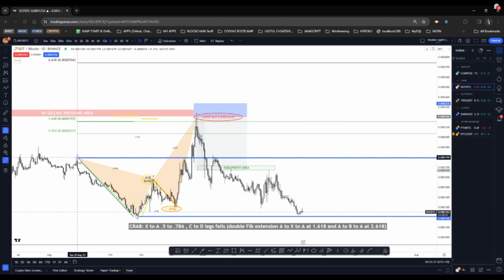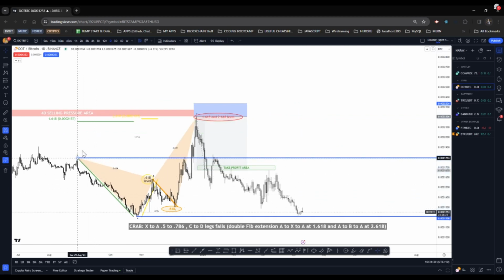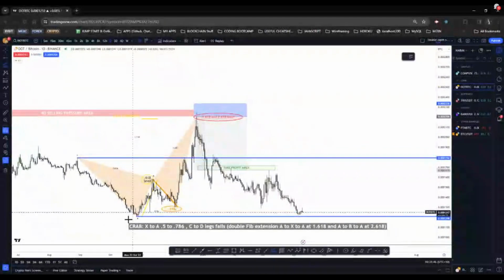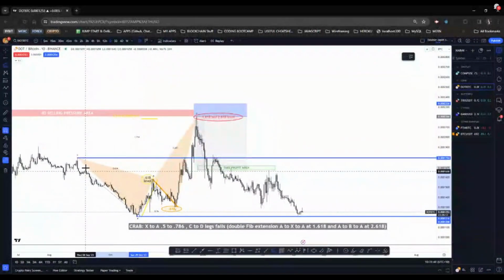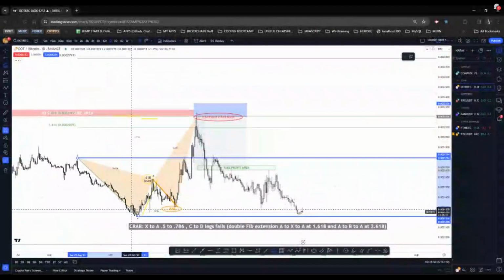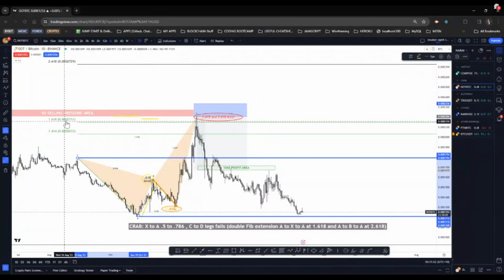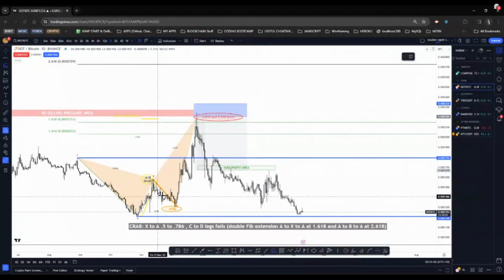So I'll do it with you live. If I take the fib extension, which is this tool here, remember guys, trend-based fib extension, I do A to X and back. It identifies the 1.618. So that's the first area. But then I can also do another once the harmonic starts to play, which would have been here.